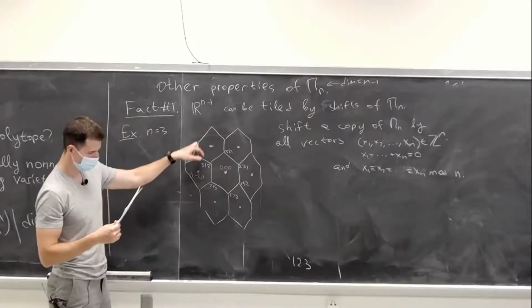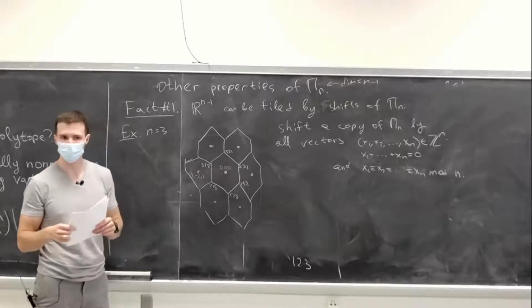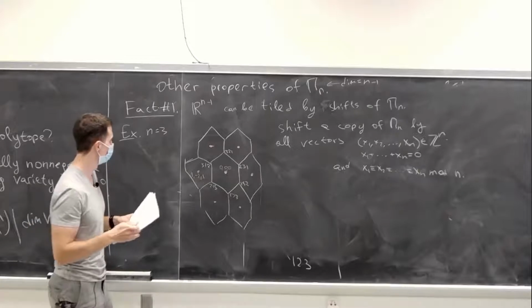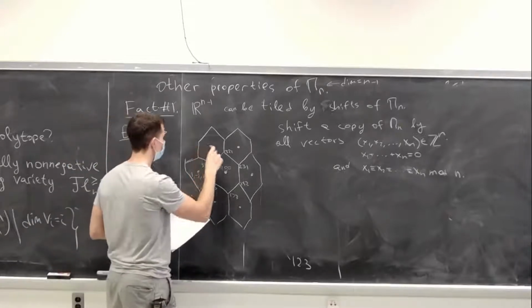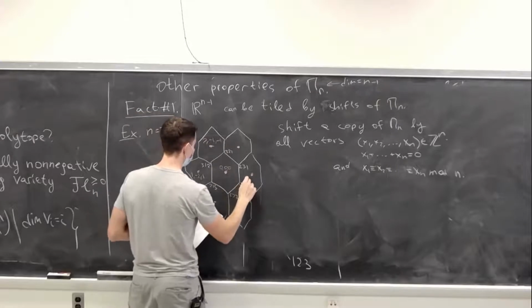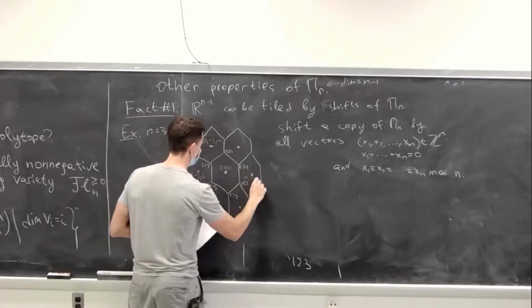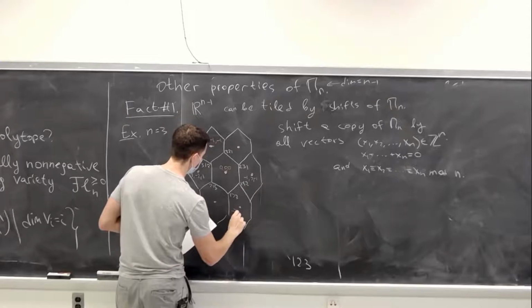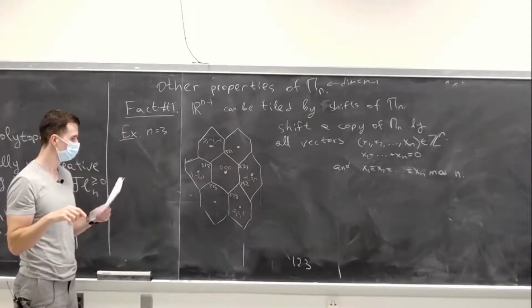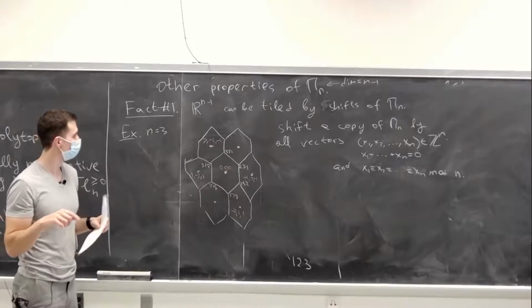Okay. What about all the other ones? Here? 2, -1, -1. Oh, I can actually write down their negatives as well. -2, 1, 1. And what's the other one? 1, 1, 1.